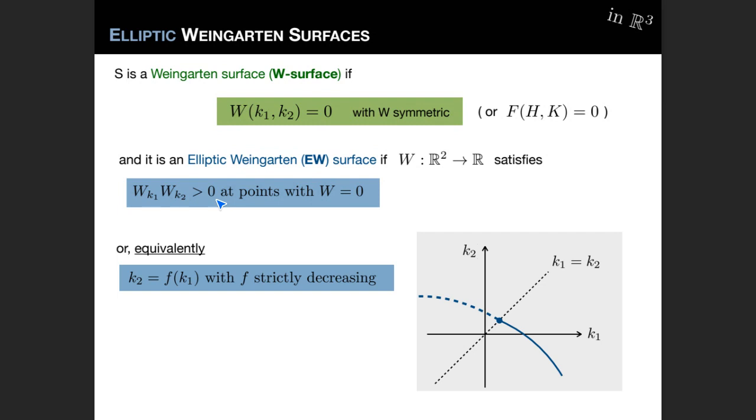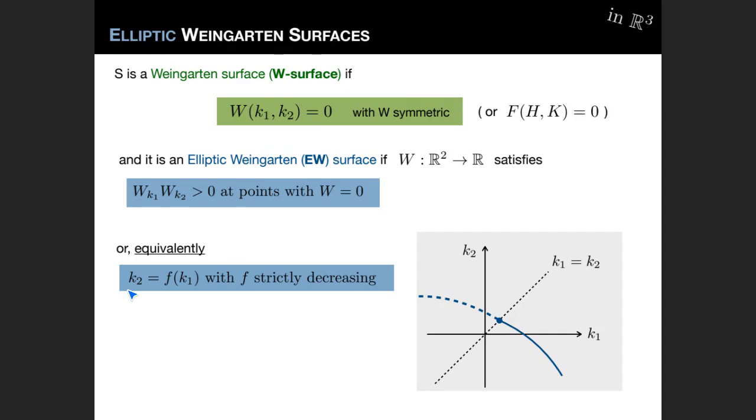This condition here is equivalent to saying that on each connected component of the points where W is equal to 0, each connected component is actually a curve in which we can write one principal curvature as a strictly decreasing function of the other principal curvature. So this is how we are going to write the condition of being an elliptic Weingarten surface.